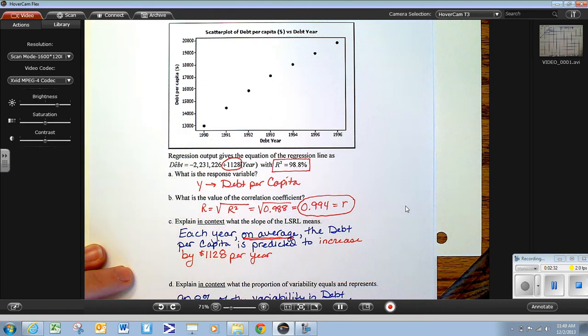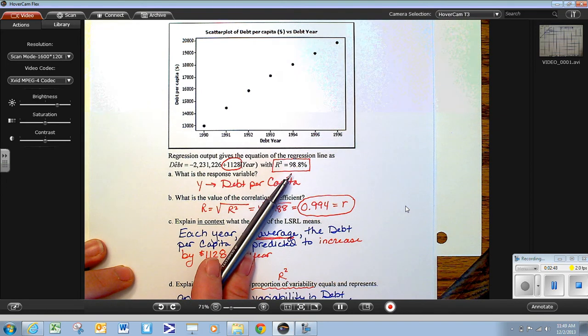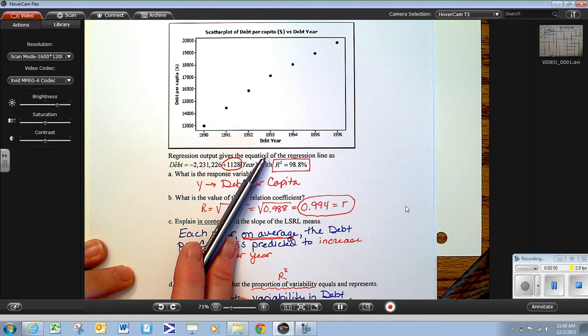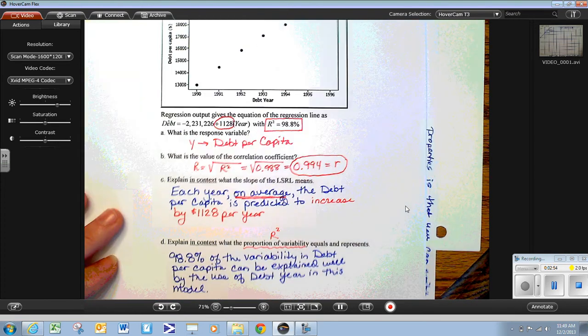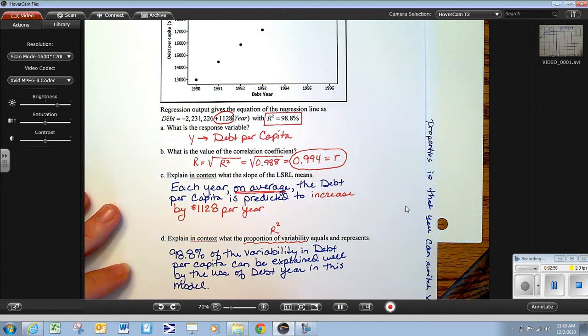Part D, explain in context, keeping in mind the two variables themselves and what they represent, what the proportion of variability equals and represents. So proportion of variability is your r squared value. So I had to find its value, 98.8, which was given. Recognize we're talking about debt year, trying to predict debt per capita. And the statement's explanation could be written as 98.8% of the variability in debt per capita.